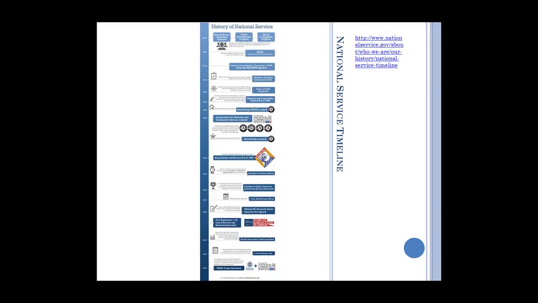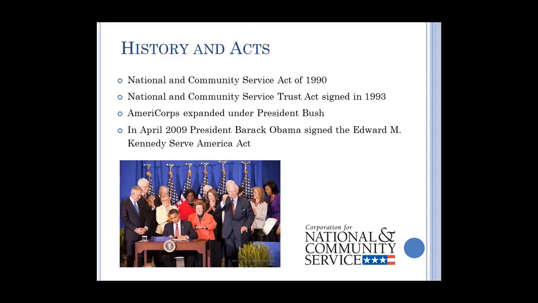So here we just have the very brief history of national service timeline. It's obviously a little too condensed for us all to view, but I'll do my best to go through most of the timeline with you all. So some main points here.